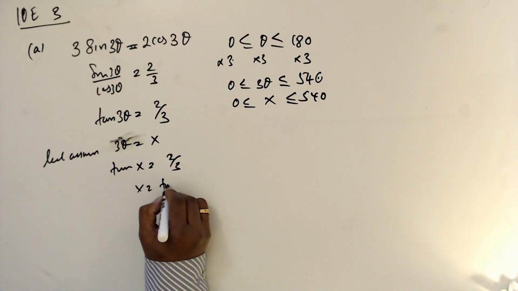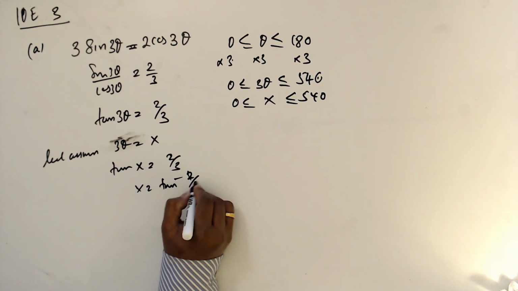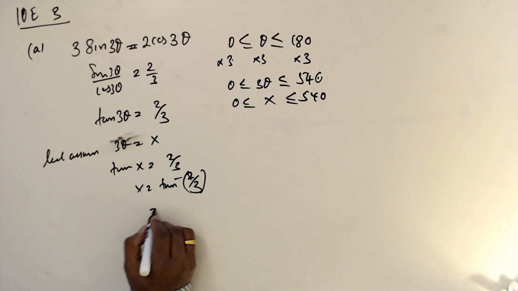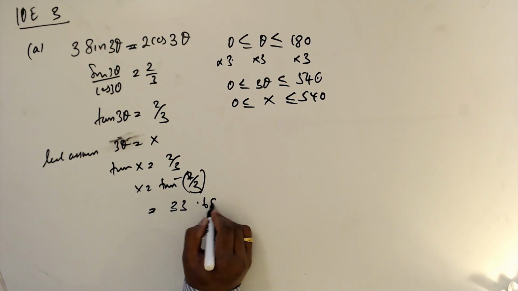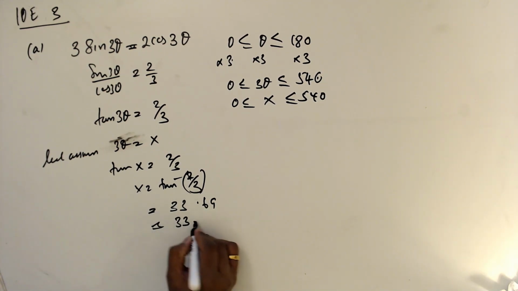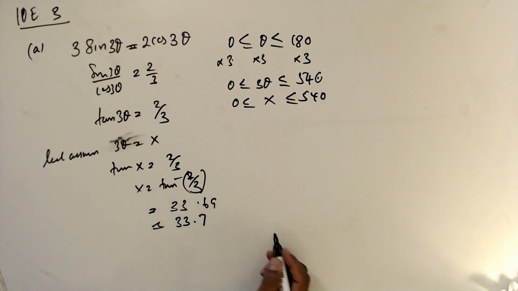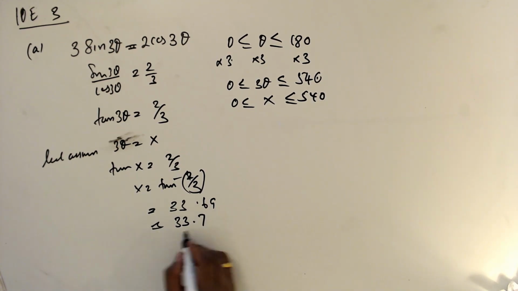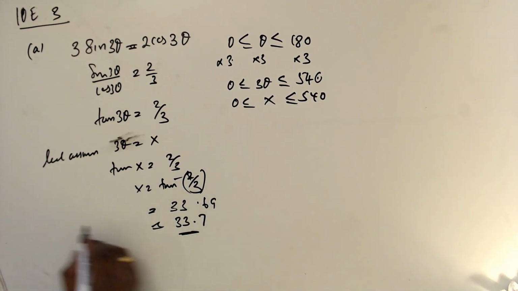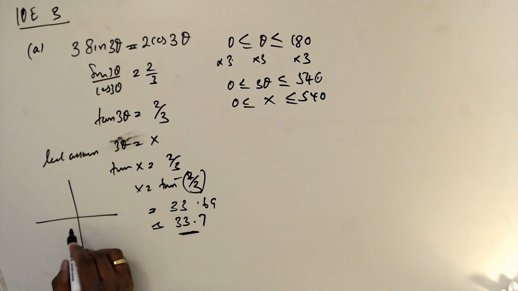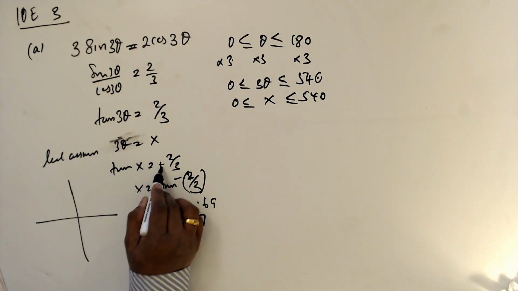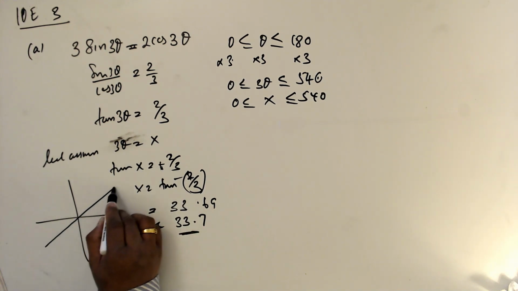x equals tan inverse 2 over 3, approximately 33.69, 33.7. Now this is an acute angle. Since tan value is positive, tan is positive in the first and third quadrants.